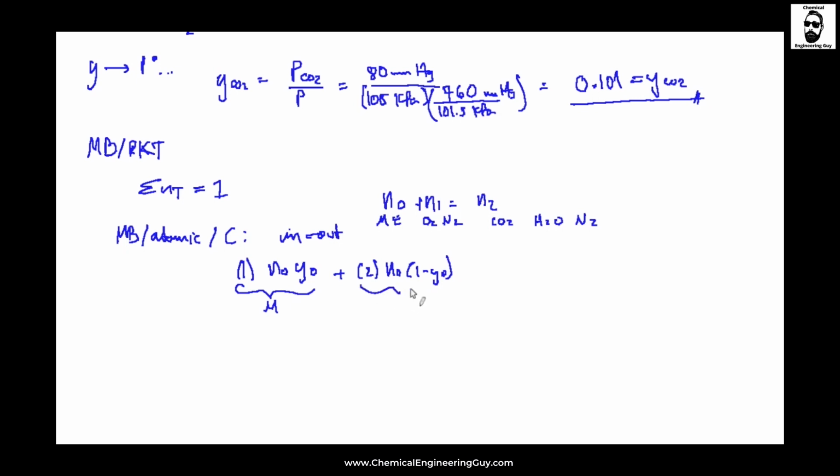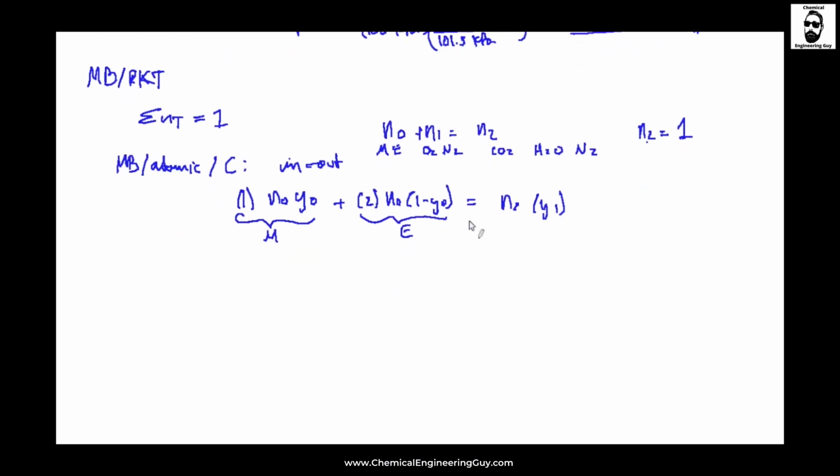This is the atomic mass balance of carbon. This equals, what do we have? CO2. So the mass balance of CO2, we have N2, which is actually 1. So let me just write that: N2, which is 1, times Y1.